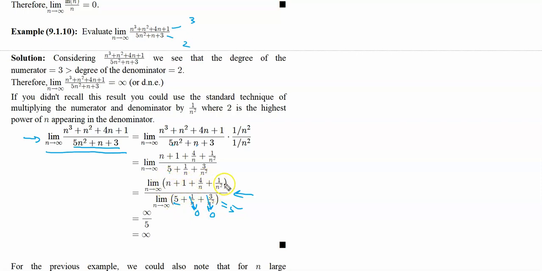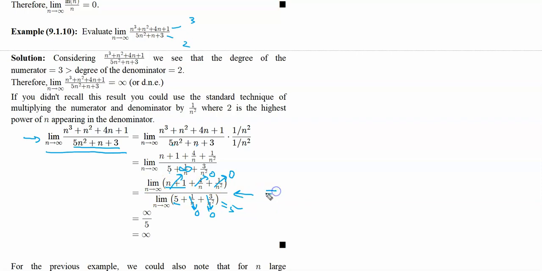Now in the numerator up here, both of these terms go to 0 as well: 4 over n and 1 over n squared. However, the n plus 1, that goes to infinity, right? As n goes to infinity, so does n plus 1.